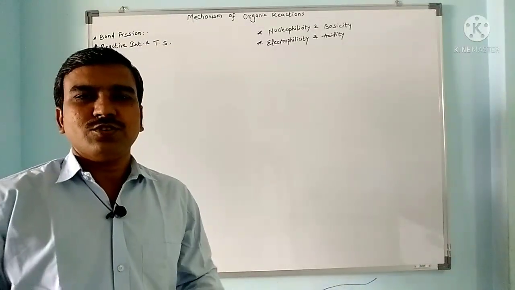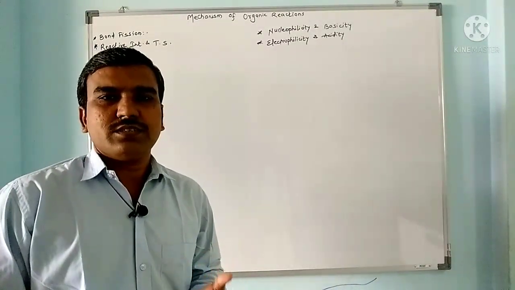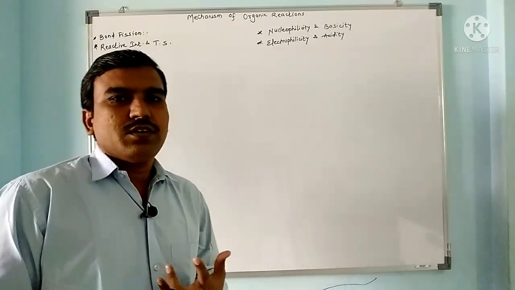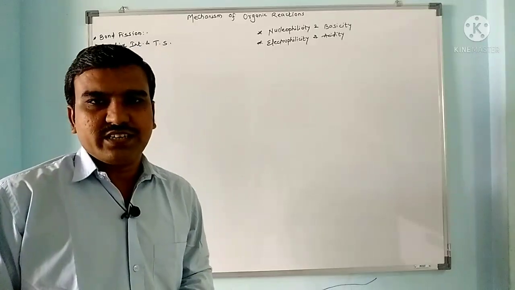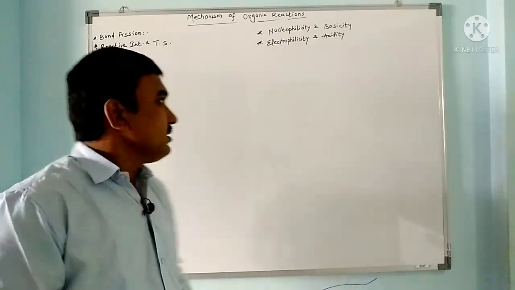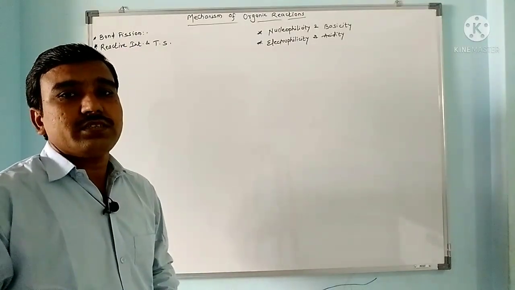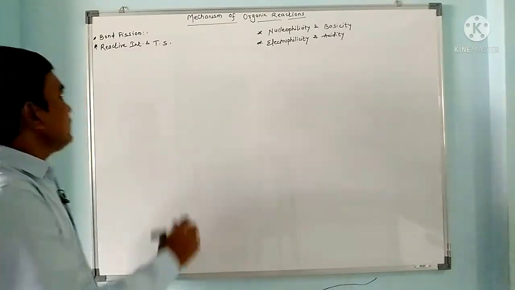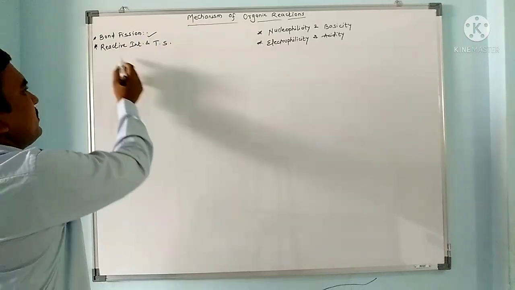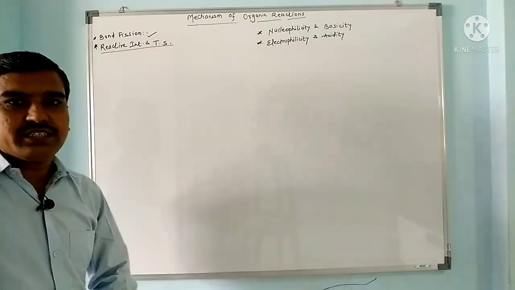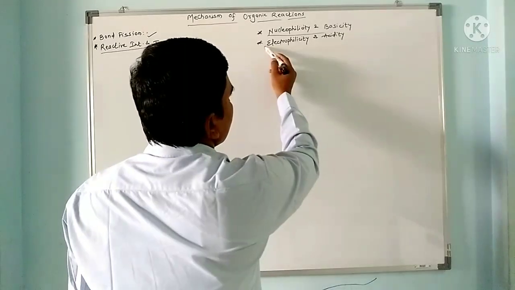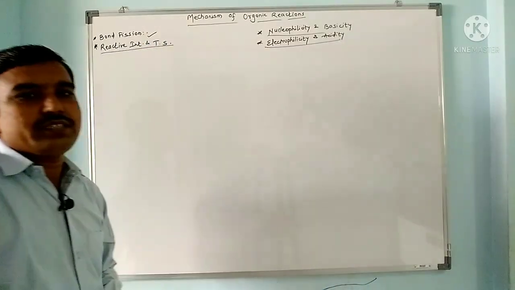I have shared some videos on electronic effects, reactive intermediates, curved arrows and classification of organic reactions. The next recapitulation part of the same mechanism of organic reaction part is bond fission, reactive intermediates and transition state, nucleophilicity and basicity, electrophilicity and acidity.